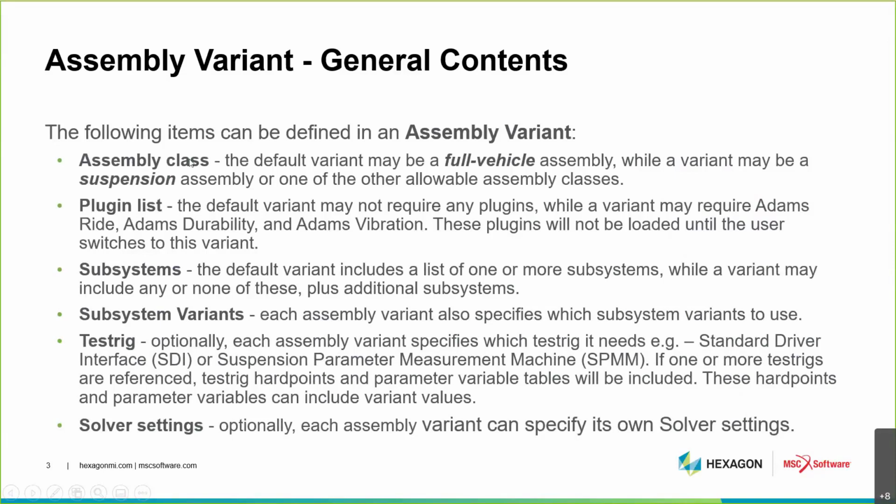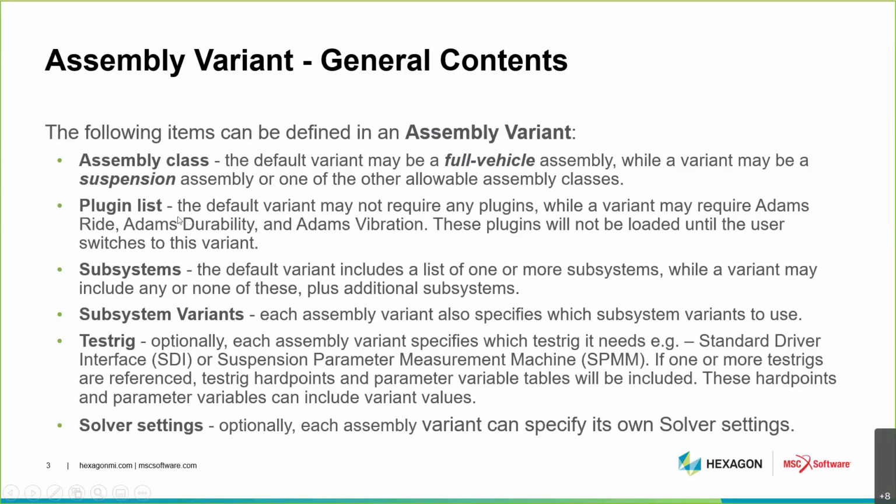You've got the assembly class, and by that I mean, for example, the default variant might be a full vehicle assembly, while you can also have a subsystem assembly saved in that same assembly. So previously, a full vehicle and a suspension assembly would have to be two completely different assemblies, but with assembly variants, they can be saved together because they are different classes, which is now allowed.